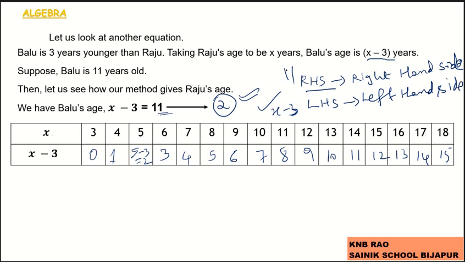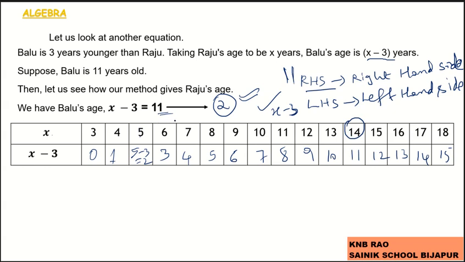So, for which value of x does the left hand side value become the right hand side value? Here, only for x equals 14, LHS value 11 becomes the right hand side value 11.